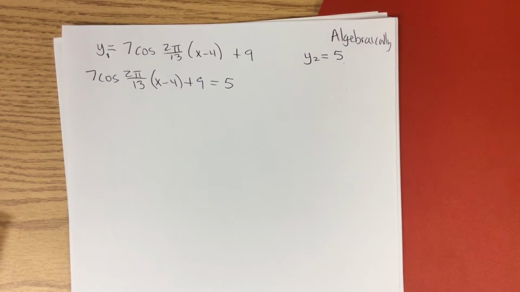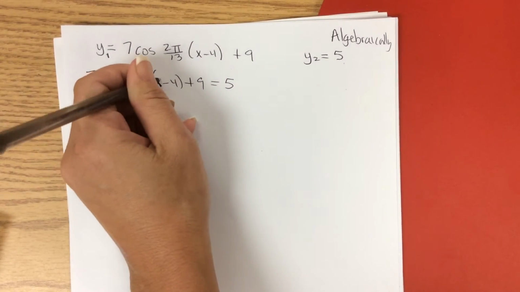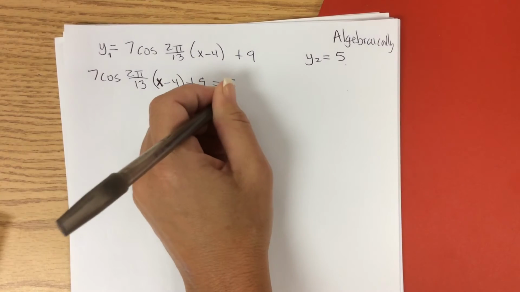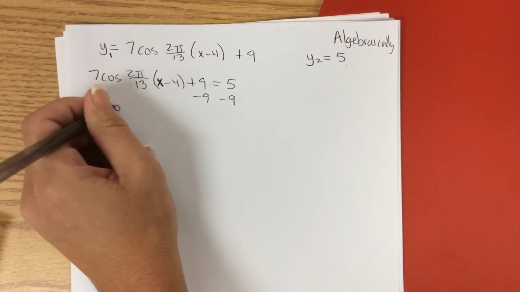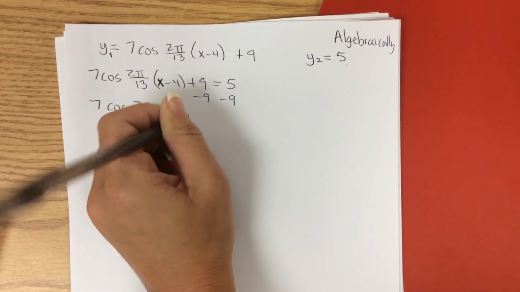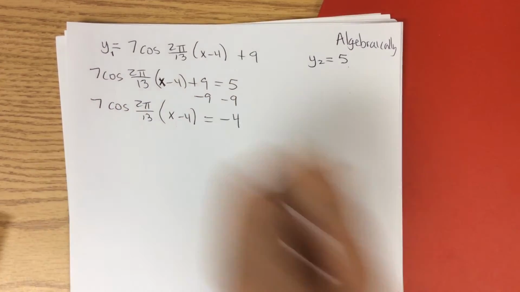So algebraically, step 1 would be what? We did that: set them equal. Step 1, algebraically, to solve for x. This is all about inverse operations. Subtract 9. 7 cosine of 2 pi over 13 times (x minus 4) equals -4.